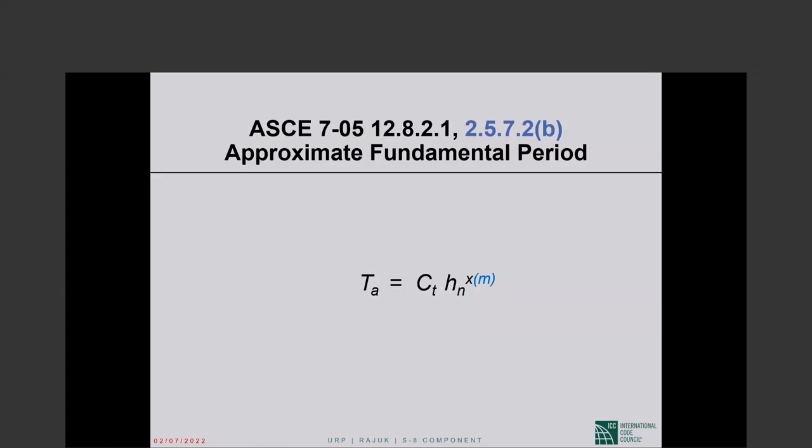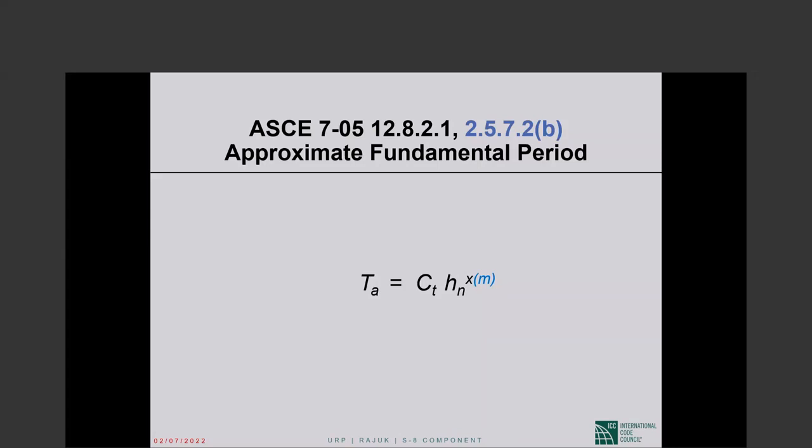But by the approximate formula, you will calculate the same period irrespective of direction. So there is no way it can be the real period of the structure.